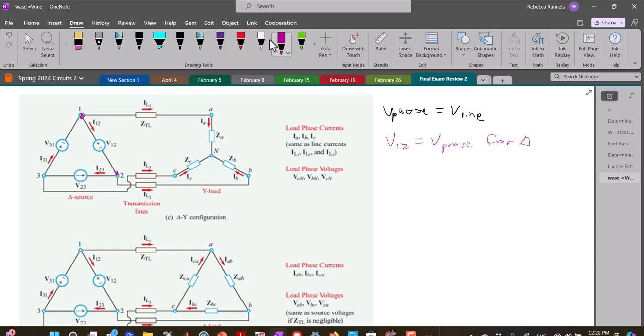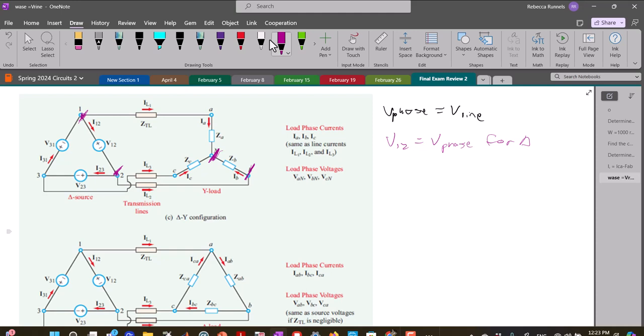So V phase for the Y over here would be the voltage between, say, these 2 points. So it's the voltage between two of your vertices on your triangle for delta, and between the end of your Y and the center for Y. So that's V phase.